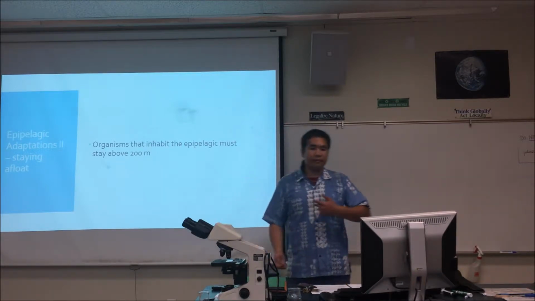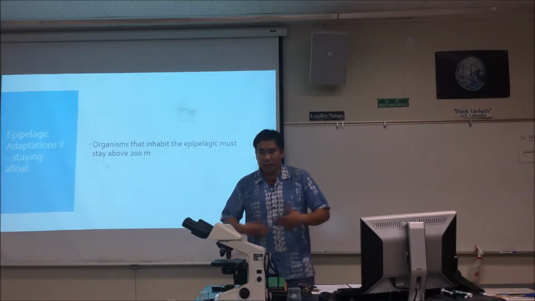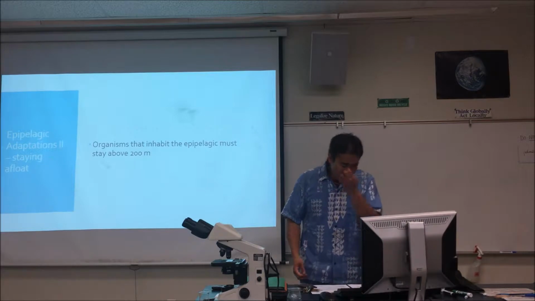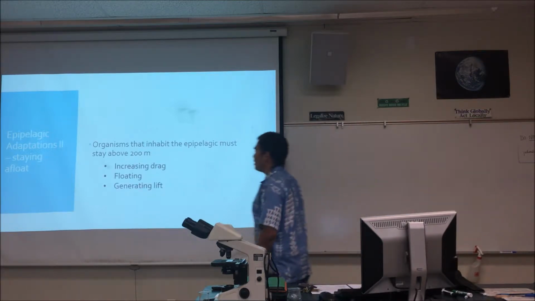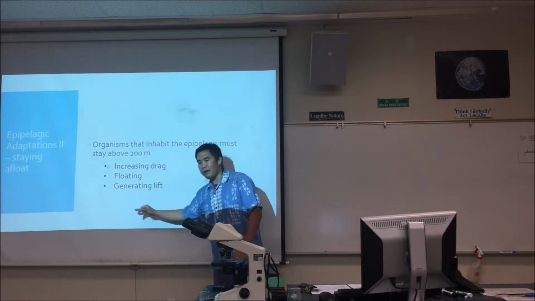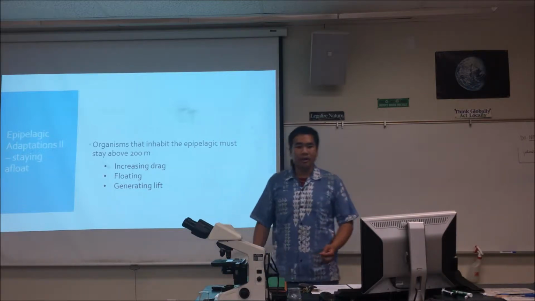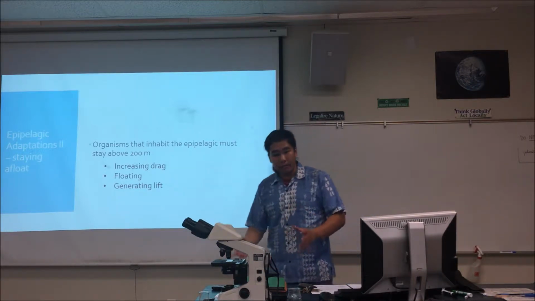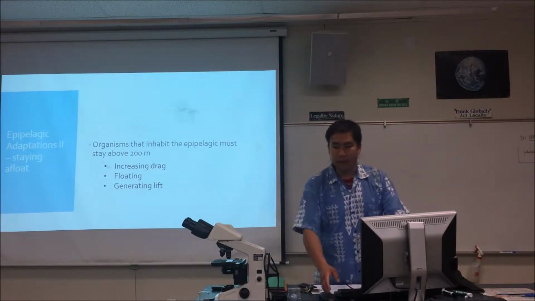These organisms living in the epipelagic are treading water for their whole life. That's what you can call them. Okay, so how do they tread water their whole life? Three different ways: increasing drag, floating, and generating lift. Some of them may have more than one, but these are ways to stay above 200 meters, staying near the top of the ocean. So let's look at how they go about doing that.